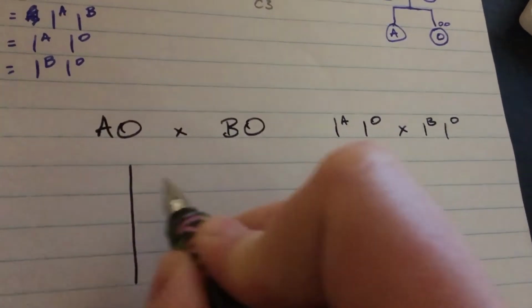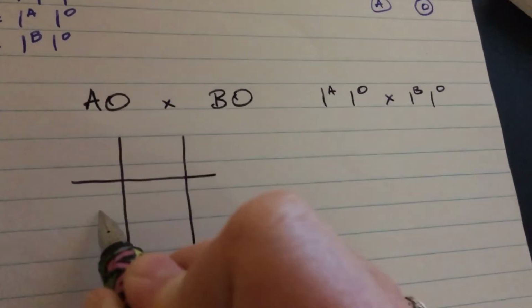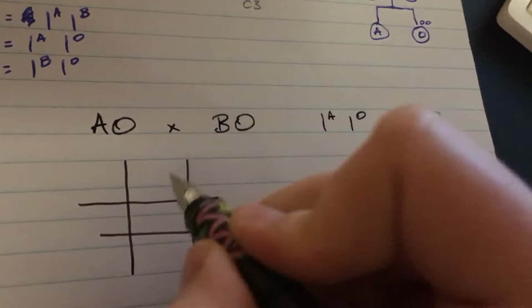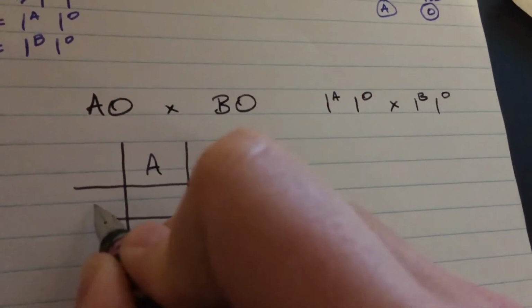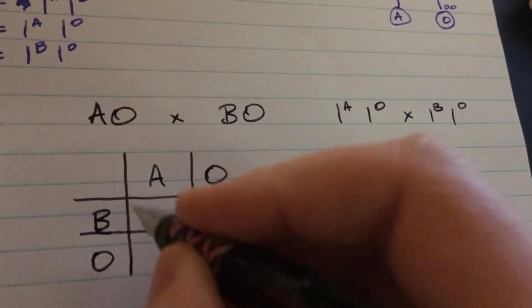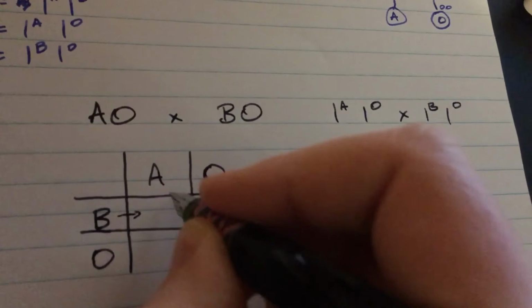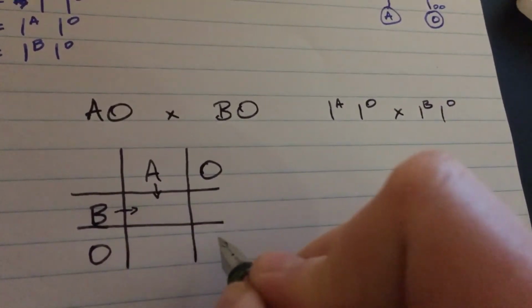So we draw out something essentially the same as a noughts and crosses board. We'll write one of the parents' alleles up here and one of the parents' alleles down the side. Then we show the combination of those in the squares inside.